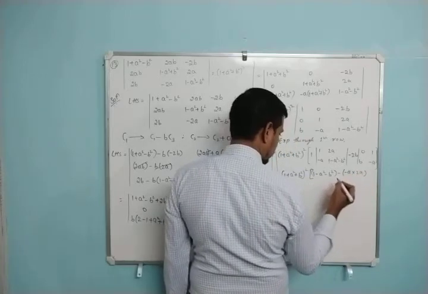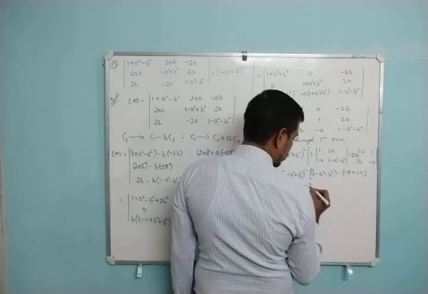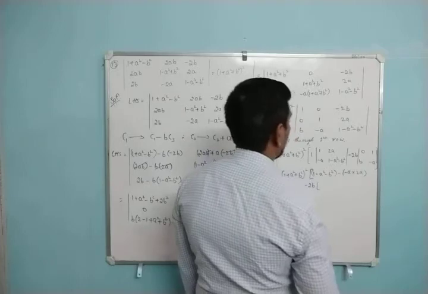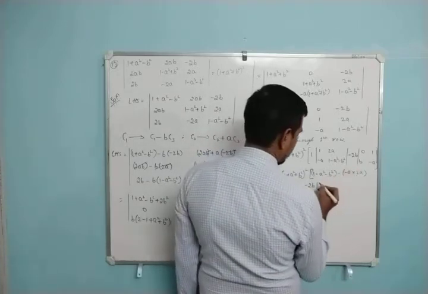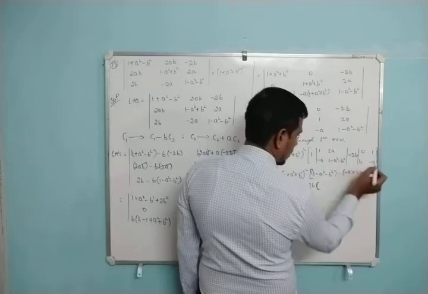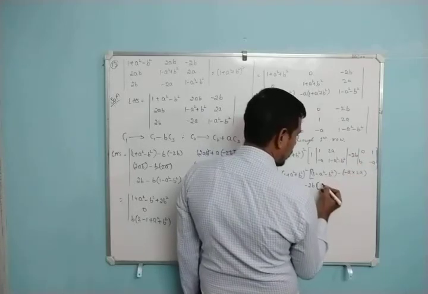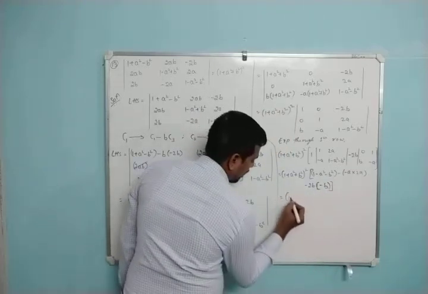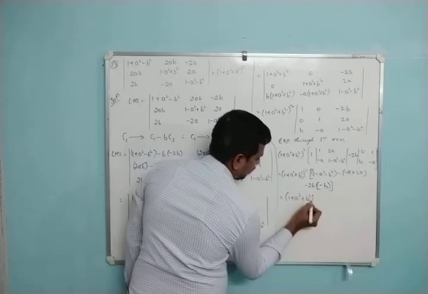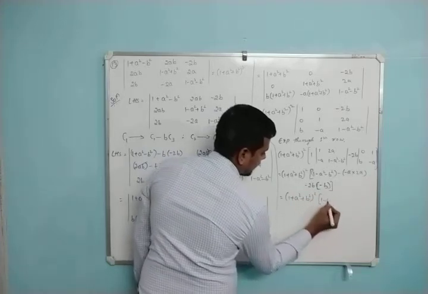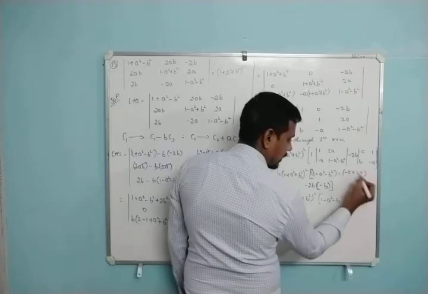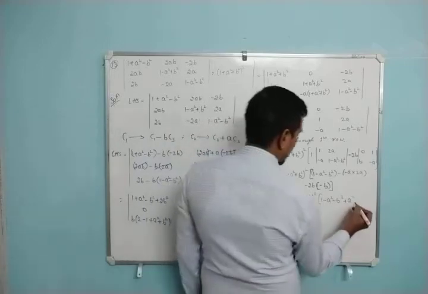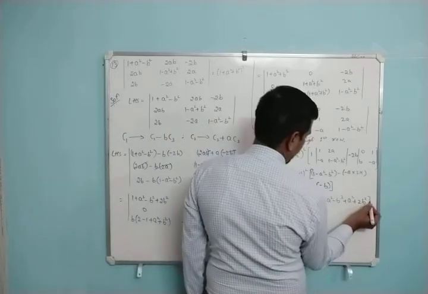Okay, then minus 2b into 0 into 0, 0 into anything is 0, minus b. Okay, so this is 1 plus a square plus b square the whole square, 1 minus a square minus b square, this is minus a square, this becomes plus a square, right, plus 2b square.